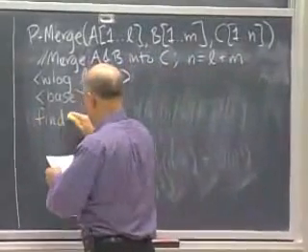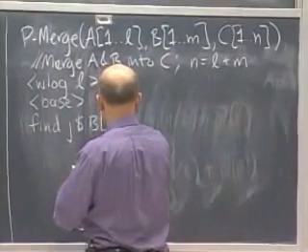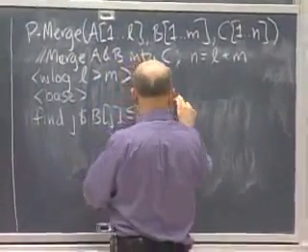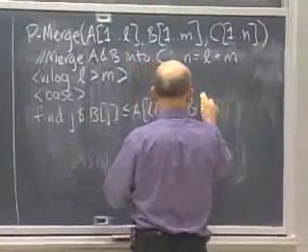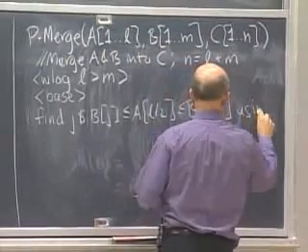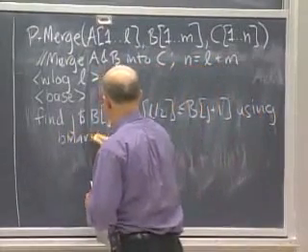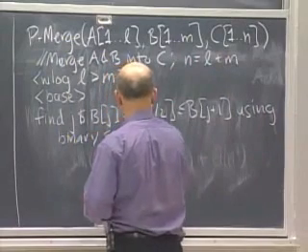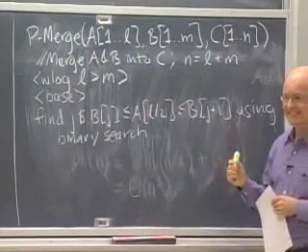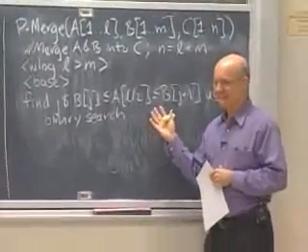So then what I do is I find the j such that b of j is less than or equal to a of L over 2, less than or equal to b of j plus 1, using binary search. When did we cover binary search? Oh, yeah. That was week 1, right?